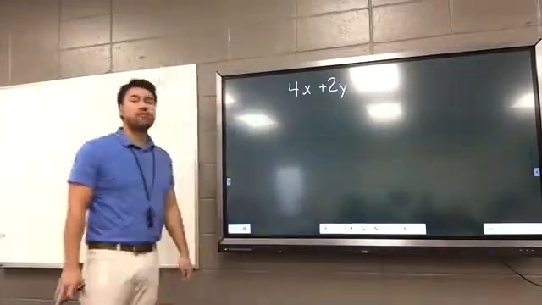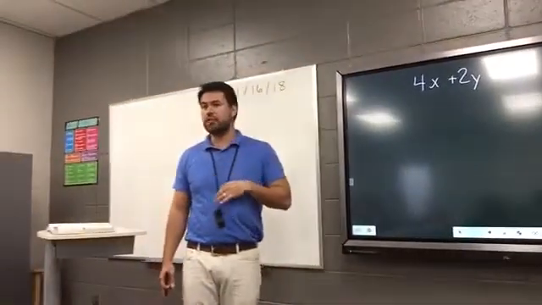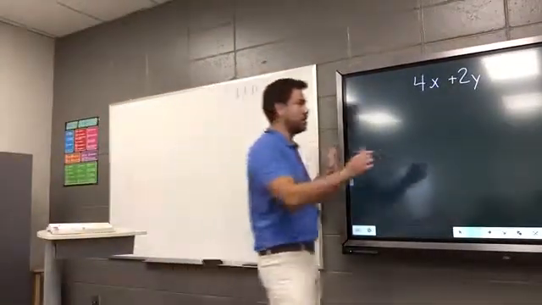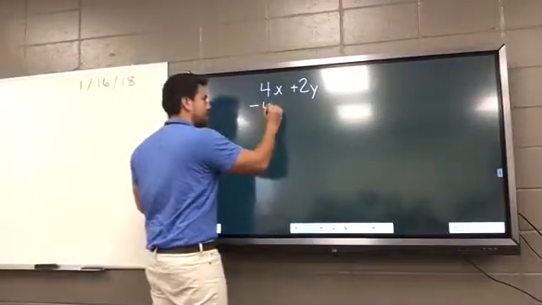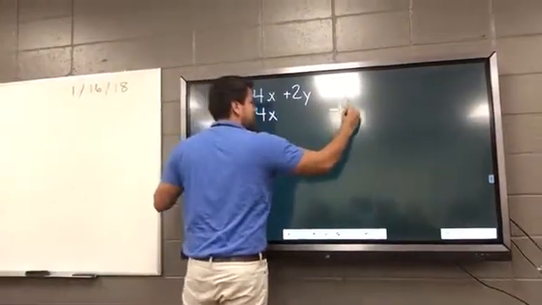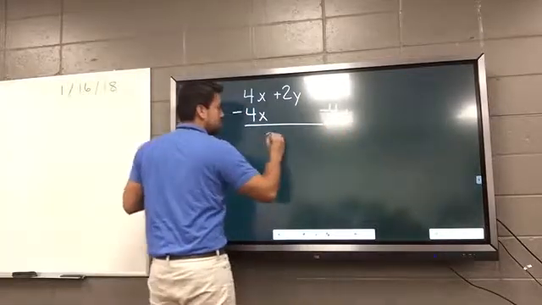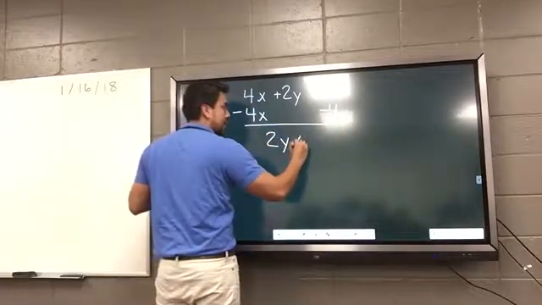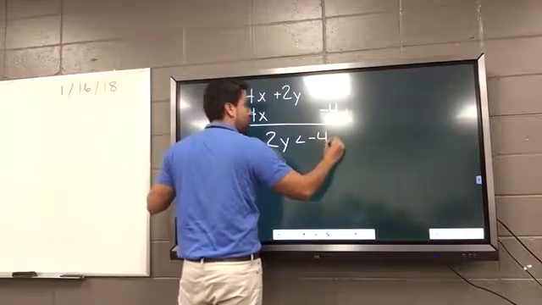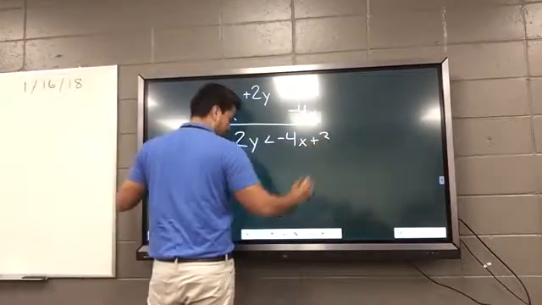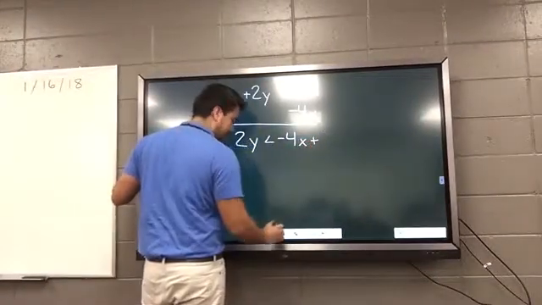So can you solve for y on that inequality? Okay, go ahead and do it. So what's your first step? Subtract 4x from both sides. You get 2y is less than negative 4x plus 8.